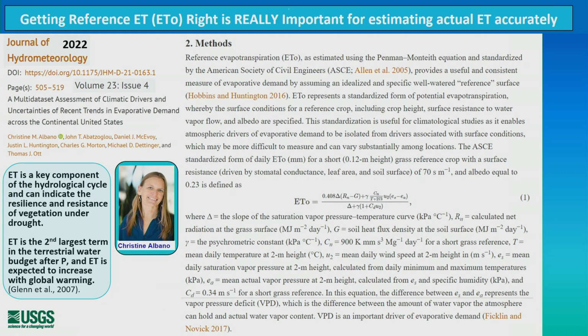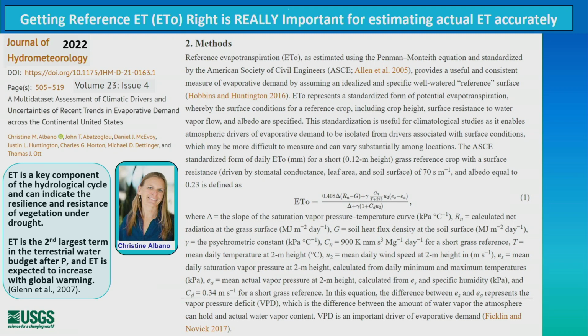So we're not going to get too much into the technical stuff. I'm going to give you a really fast review paper to say that Christine Albano works with Justin Huntington and others at DRI, and came out with this really important reason that we need to get accurate estimates of the potential amount of water use.